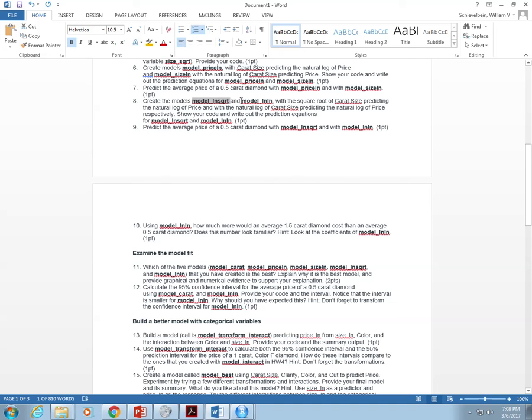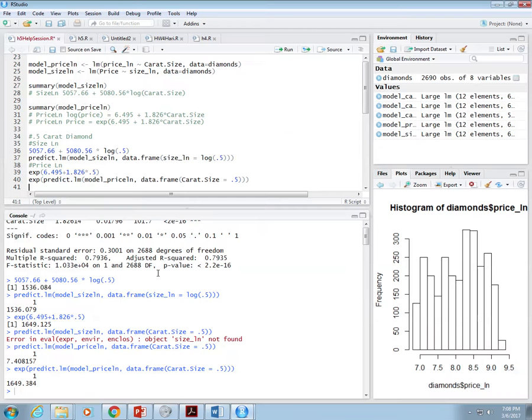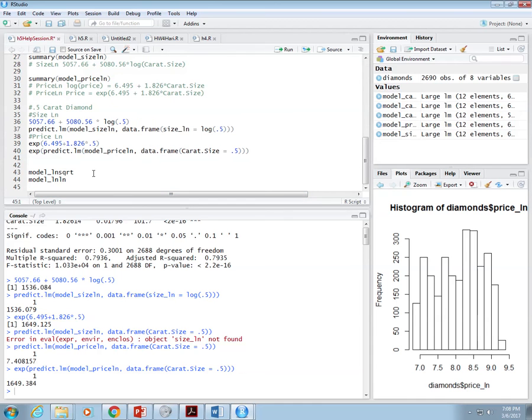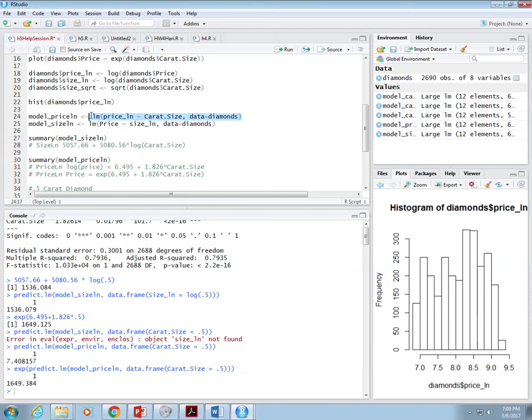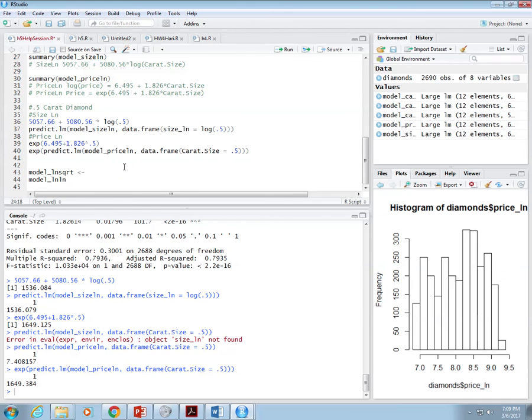So I'm going to copy those two model names. And so this log square root is equal to, similar to what we did here, I'll type it out, it's easier for you.